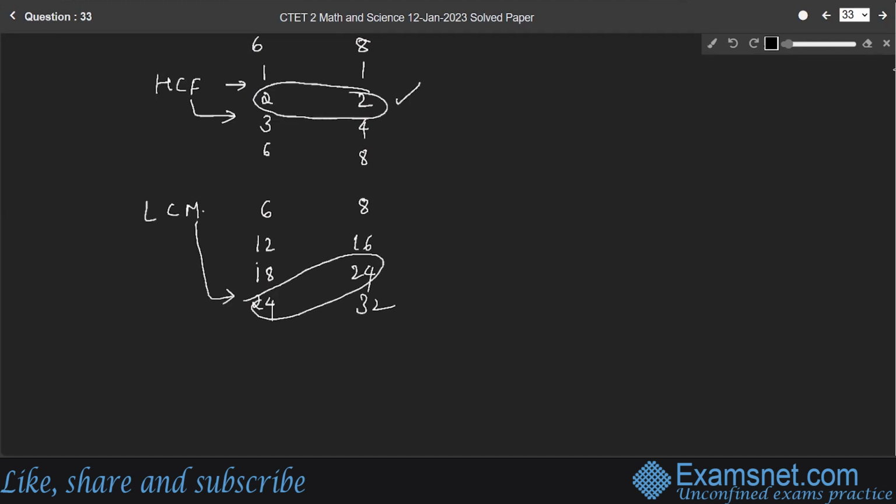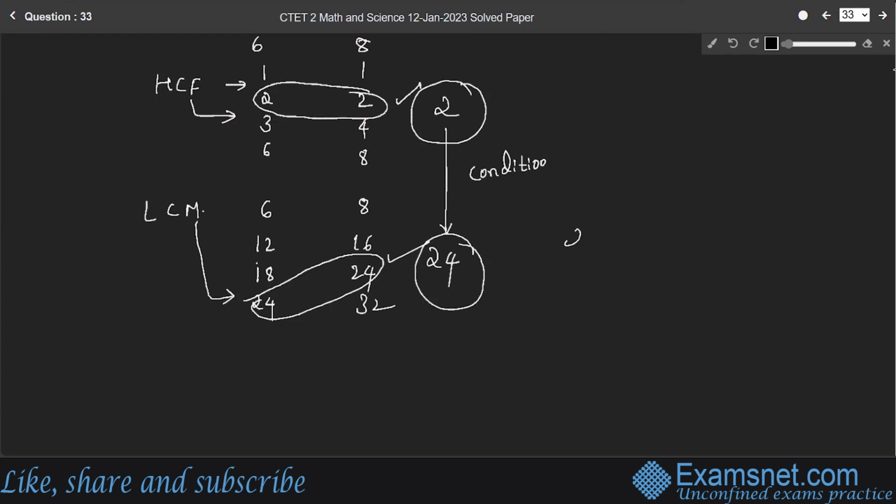Let us consider LCM and HCF. HCF is 2, LCM is 24. Here HCF, highest common factor, is also a factor of LCM. So the condition to decide whether the two numbers are HCF and LCM of two numbers is that the highest common factor is a factor of their LCM also.